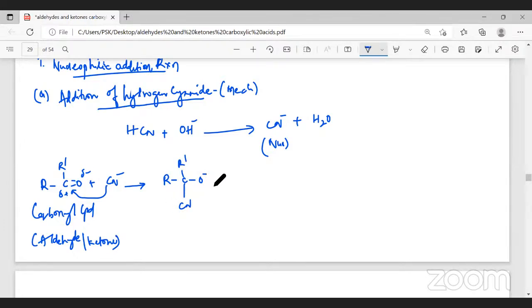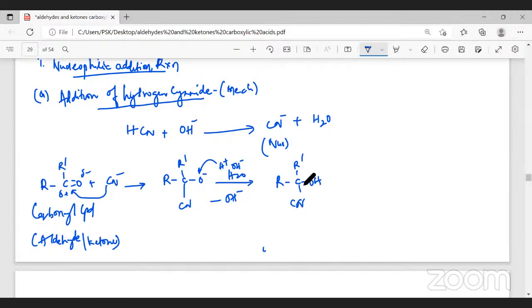Now, this O minus in the presence of water, the next reactant is water. We can write water as H plus and OH minus. This H plus attacks the O minus, so O minus gets eliminated in the form of a base. So the product we get is R, C, R dash, OH, and CN.